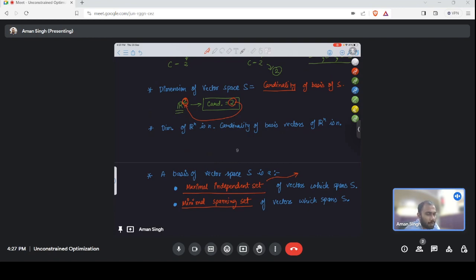What does this minimal spanning set mean? It means that this is the minimum number of vectors which can span S.